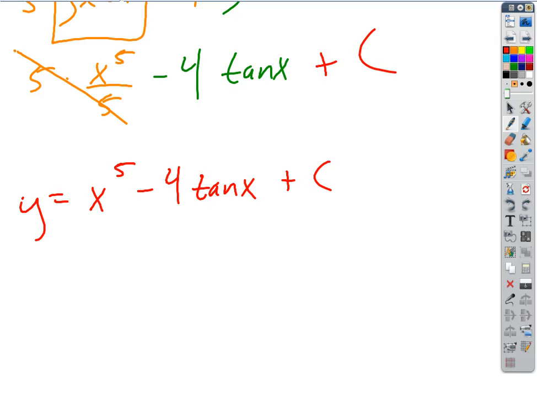Every process of integrating or anti-differentiating introduces a new constant. And so we're going to end up with two constants sometimes, and then we'll need two conditions in order to pin this thing down. Okay? In this case, there's only one derivative process, and so we had one constant.